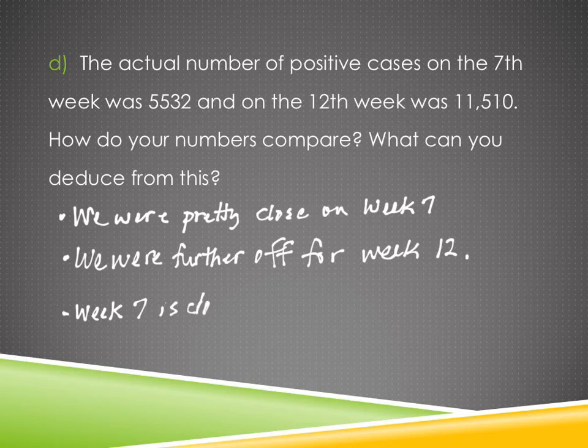So the issue is that week 7 is close to our data values. Maybe I should say this: week 7 is close to our input values. I think that's probably better.